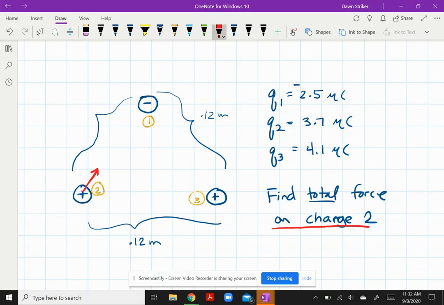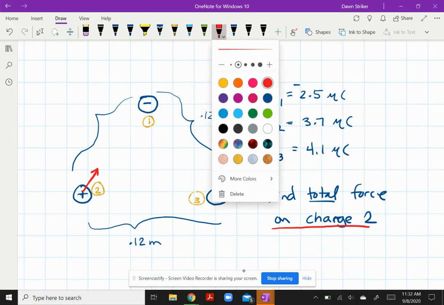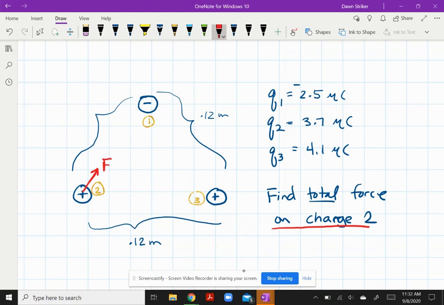It's attractive, and I'm just going to name it the force between 1 and 2. Now I've got another force here, the force between 2 and 3. And I see two positive charges, so that's going to be repulsive. All right, and I'm going to draw that force to look like this. Now I know that there's another force that looks exactly the same on charge 3, but I'm not so interested in it.